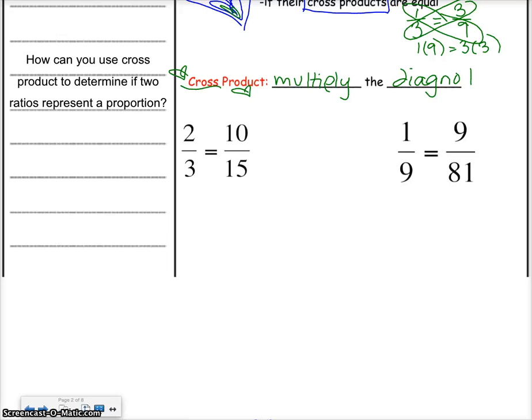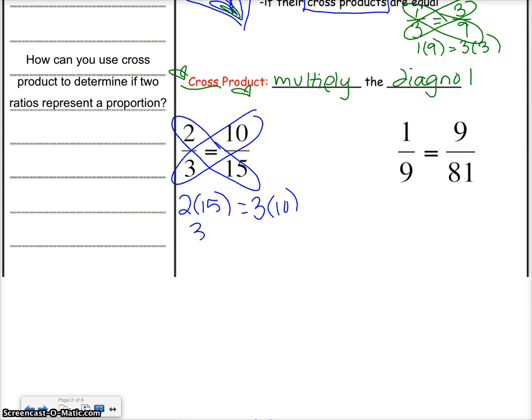Okay, so I want to know, are 2/3 and 10/15 equal to each other? Well, let me set up my cross product, and it doesn't matter which diagonal you start on. You can start on any. Does 2 times 15 equal 3 times 10? Yep, 30 equals 30. Yes, they sure are proportional. And I know, again, some of you might have been able to just times them both by 5 and notice that.